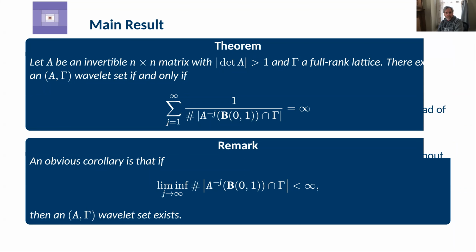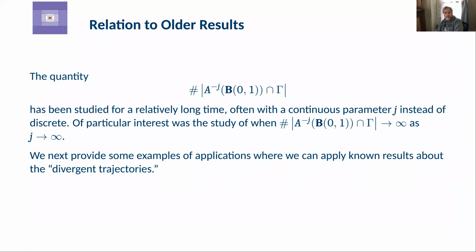Okay, let's think about this condition. It turns out that this quantity, if you look at powers of a matrix applied to a Euclidean ball intersected with the lattice, has actually been studied quite a bit.